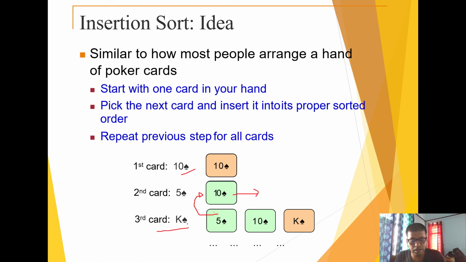The third card is king of spade, which is higher order, so it will be at third. So this is known as insertion sort.